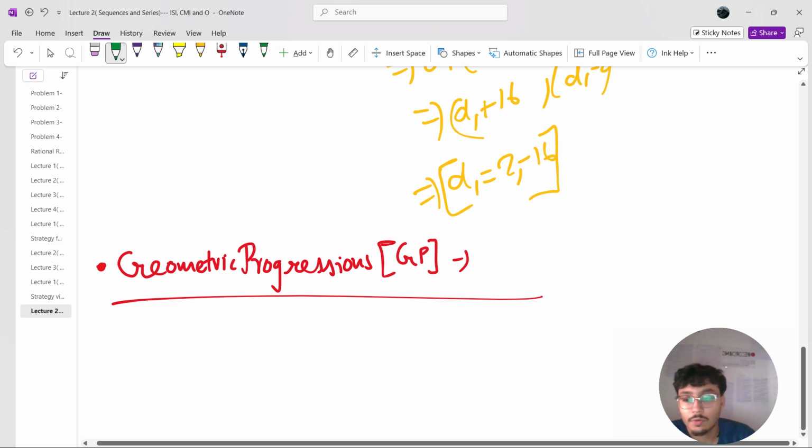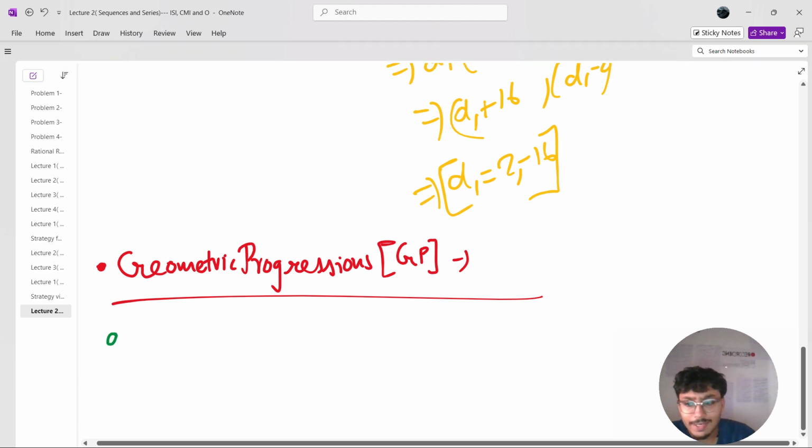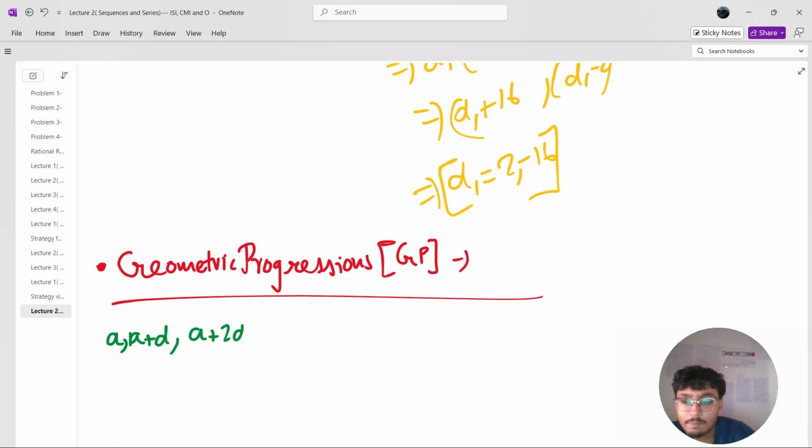Okay, so here how will my terms be given? Like in AP, what was given? A, A plus D, A plus 2D, dot dot dot. Here the terms are given as A, AR, AR square, AR cube. How far will it go?